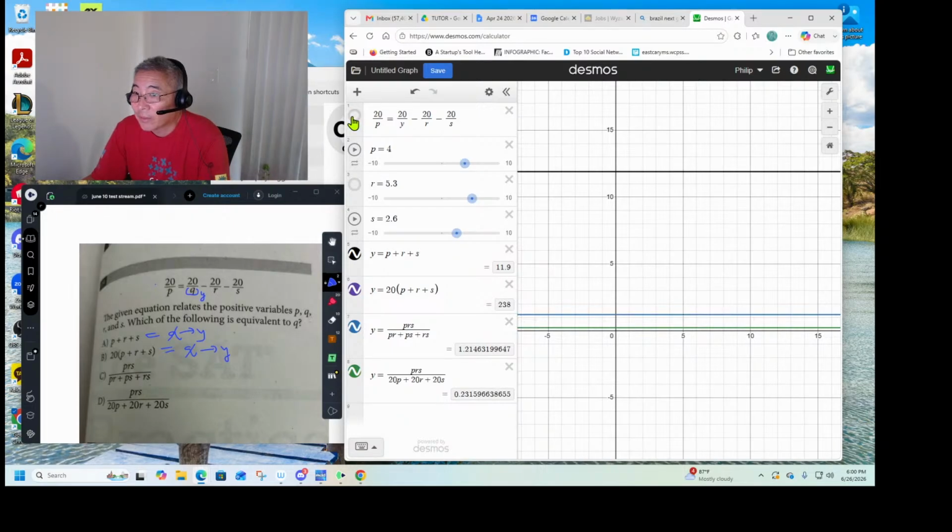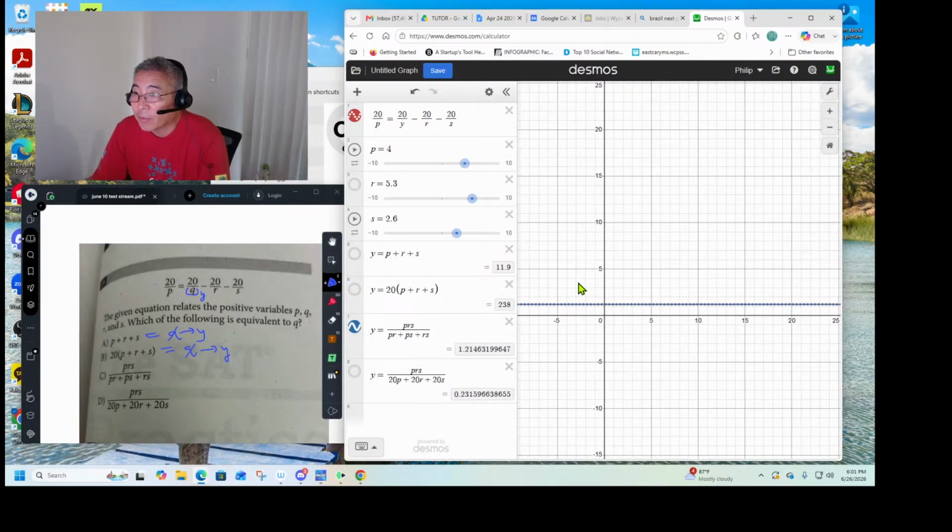There's my red, okay? And so I want whatever matches this. Black is obviously wrong. Green is obviously wrong. So I'm left with purple and blue, okay? And purple, where is purple? I don't even see purple.